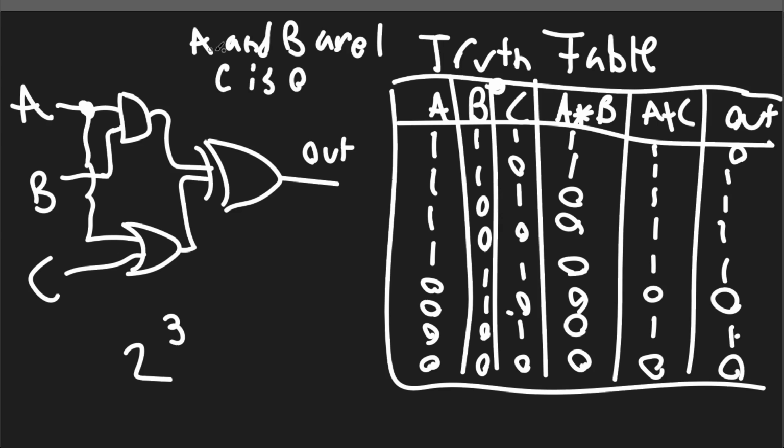So A and B are 1, C is 0. We can just look for when A and B are 1 and C is 0. So it'll be this condition, and then we just go over here and you see that the output should be 0. We just messed up our truth table there, because both of these are on, so the output should be 0 on an XOR gate. So the output equals 0, and we can just box that in.